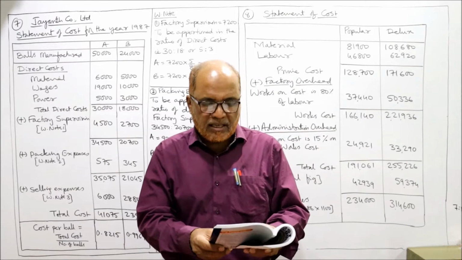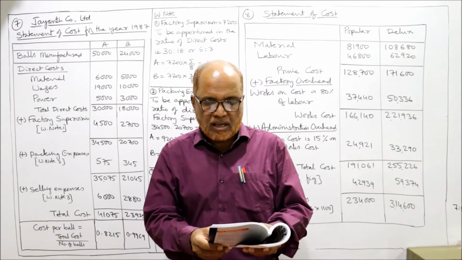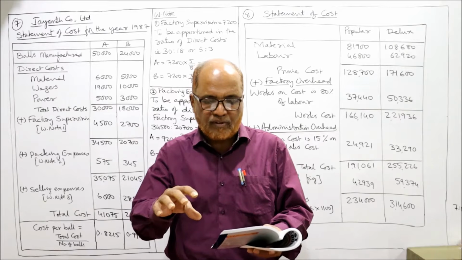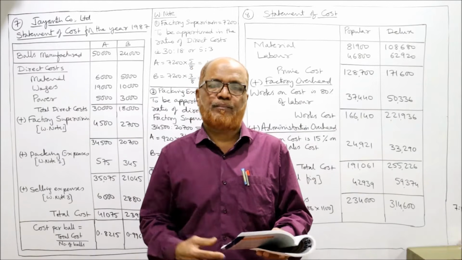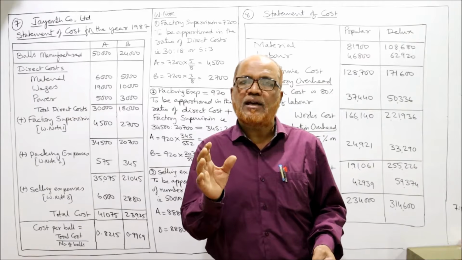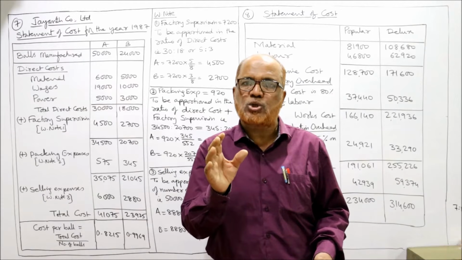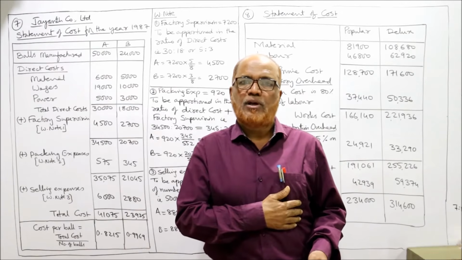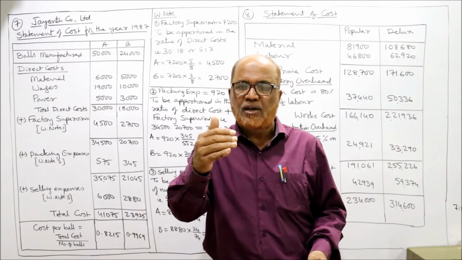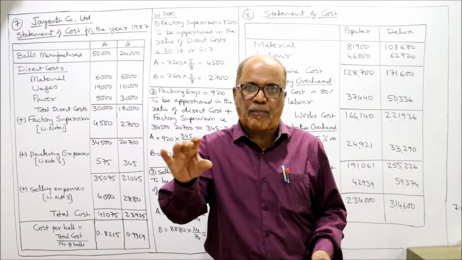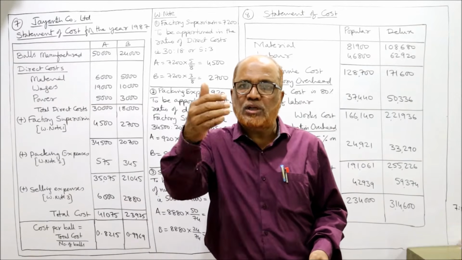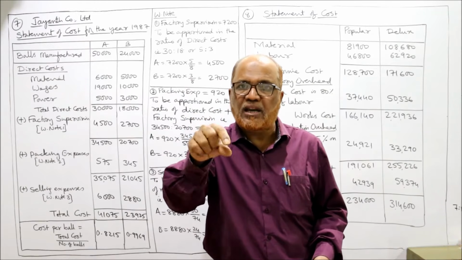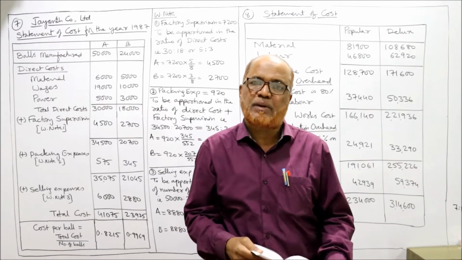Then second, packing expenses to be apportioned in the ratio of the direct cost plus factory supervision cost of A to that of B. That means this packing expenses should be apportioned in the ratio of direct cost plus factory supervision. तो direct cost तो problem में दे दिया है, उसमें factory supervision apportion कर देंगे पहले. The total of direct cost and factory supervision, जो भी total cost रहेगा, in that ratio we divide packing expenses.